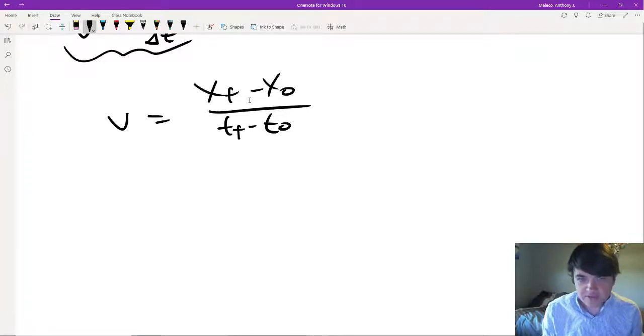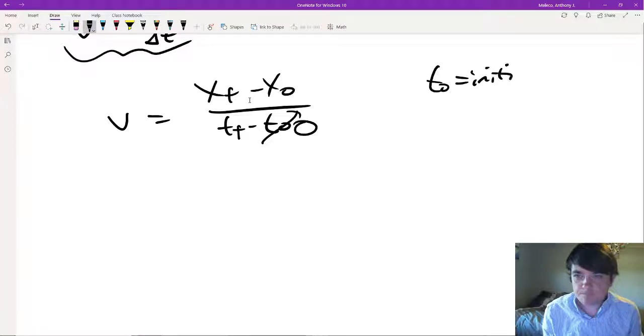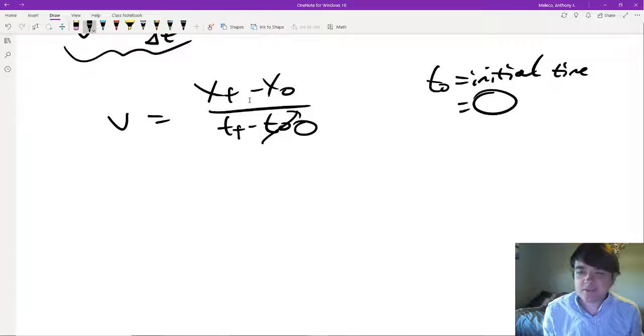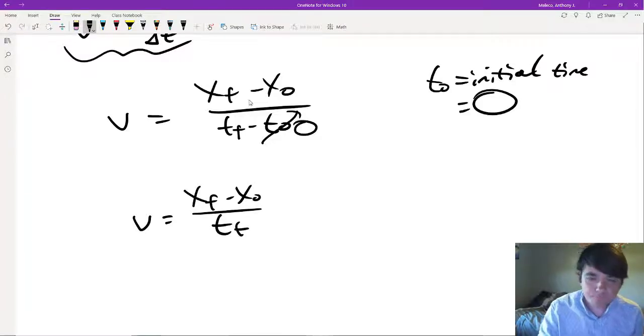So x final minus x initial, the final position minus the initial position, over t final minus t initial. I'm going to cancel out t0. Why? Because t initial is the initial time, and if we just set this at 0, so it starts at 0 seconds, we can just eliminate it. So v then equals x final minus x initial over t final.